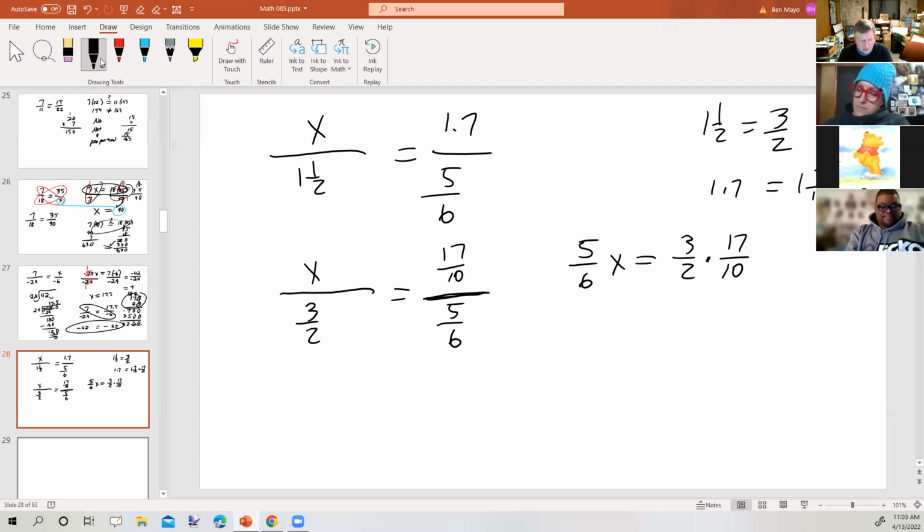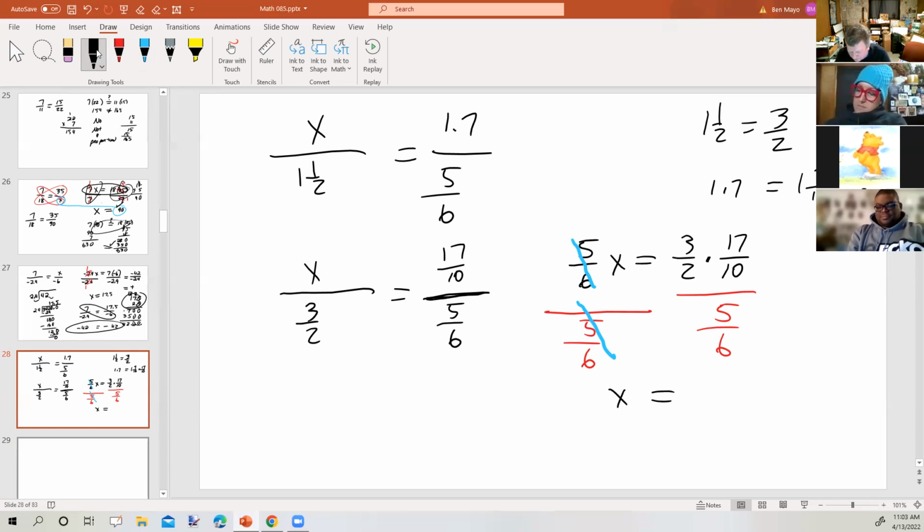Now, the next step seems to be getting rid of the 5/6. So let's divide both sides of this equation by the 5/6. Okay. Now, if I do that, on the left side of the equation, the 5/6 and the 5/6 would simplify out, and I'd have x equals. You still with me?